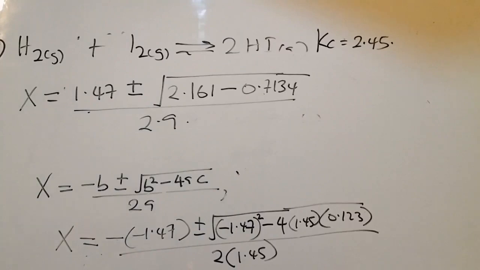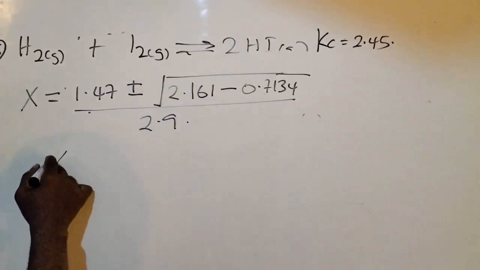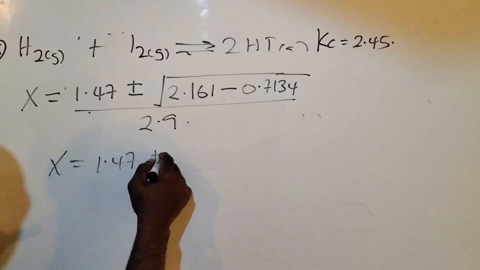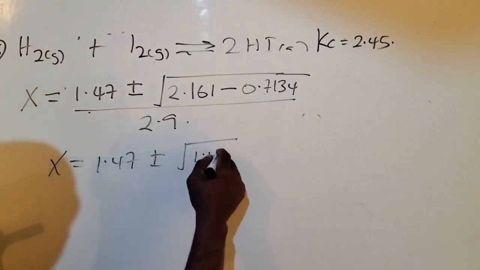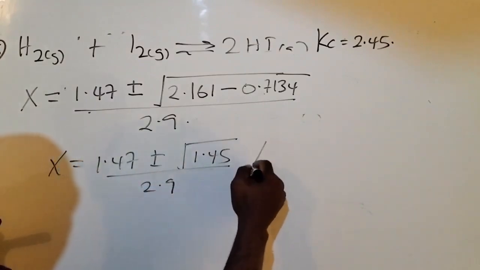So it is very clear what is inside the square root. 2.161 minus 0.714 gives us about 1.45 approximately. So s becomes equal to 1.47 plus or minus the square root of 1.45, over 2.9.